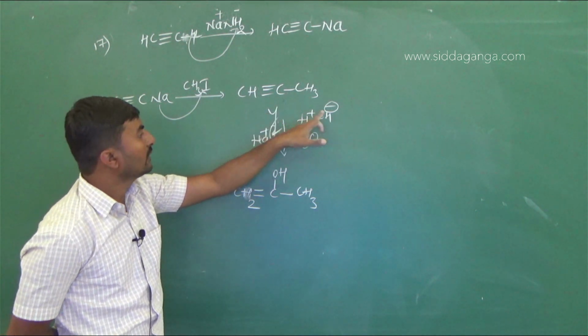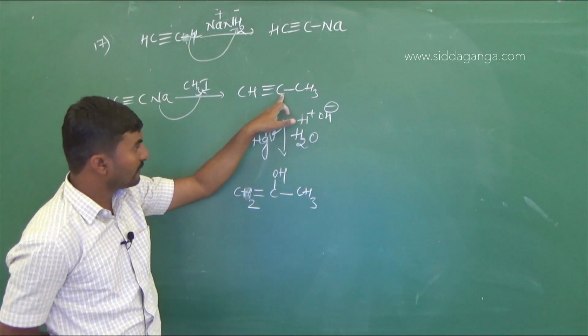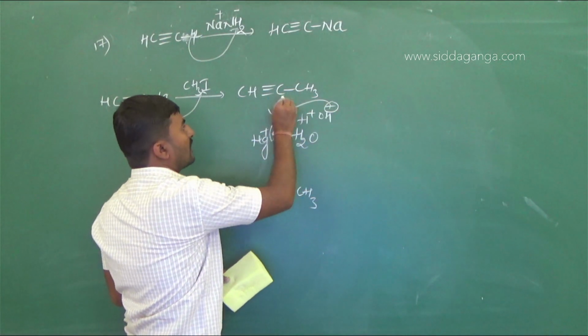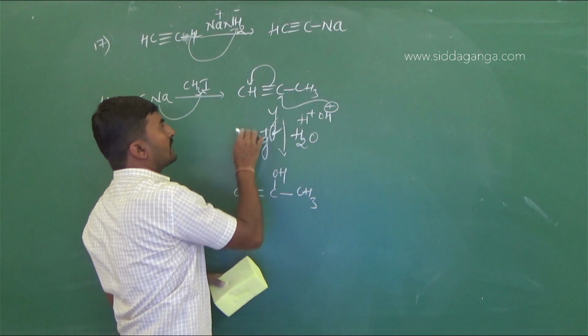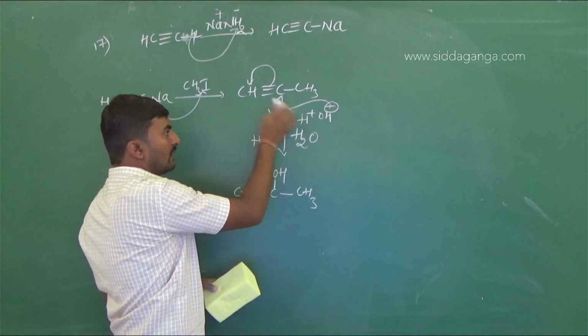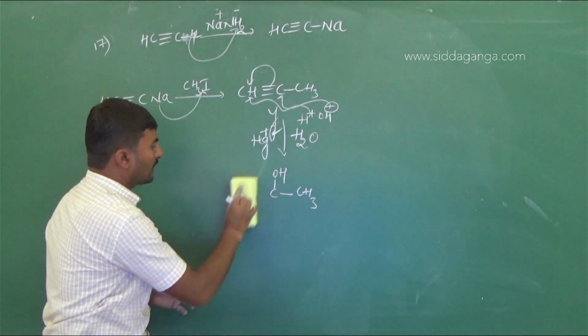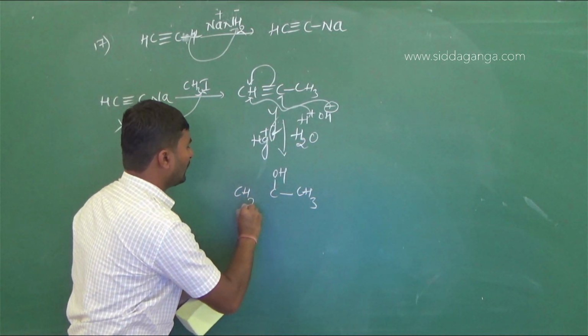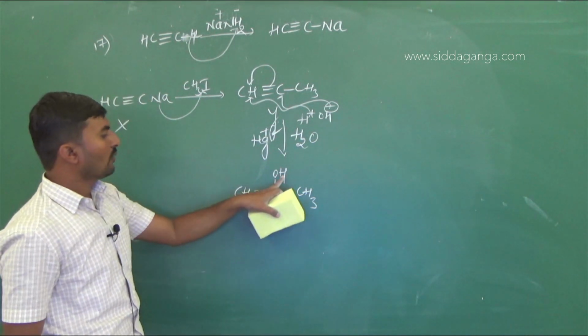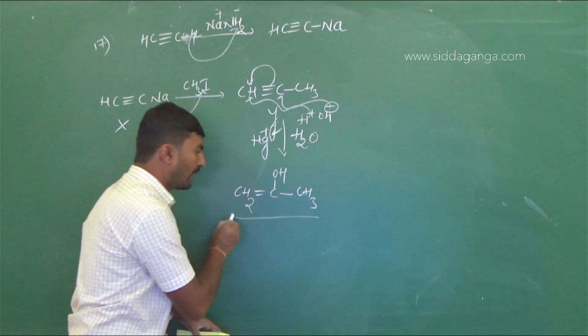That is why the OH minus will attach to this particular carbon atom. So the shifting of bond takes place. This will become CH minus, which abstracts this proton, and it will become CH2 double bond COHCH3. But this is not the final product.